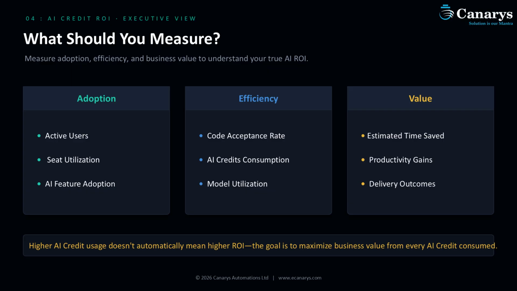Finally, we measure value, including estimated time savings, developer productivity gains, and the business outcomes those improvements create. Together, these metrics provide a complete picture of ROI, not just how much AI is used, but how much value it delivers. Now let's connect these metrics into the complete journey from GitHub Copilot investment to measurable business value.